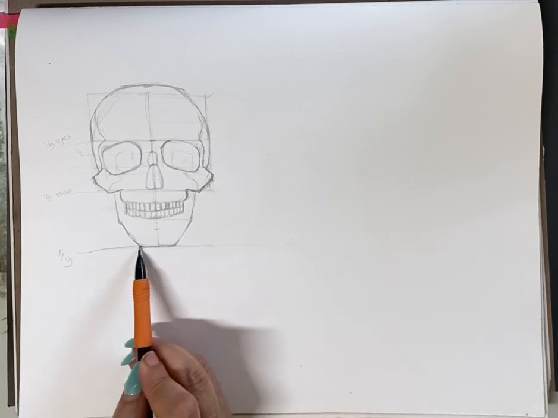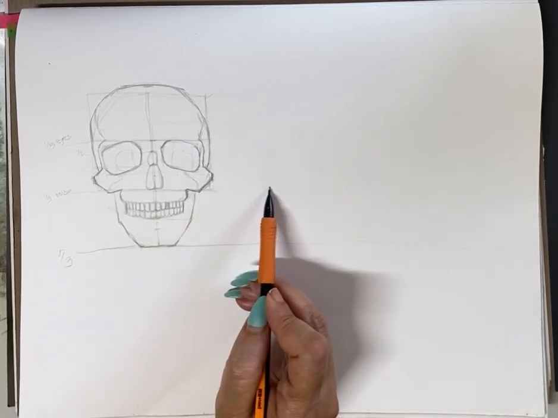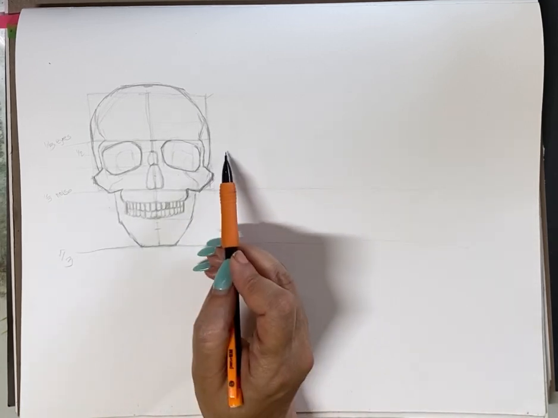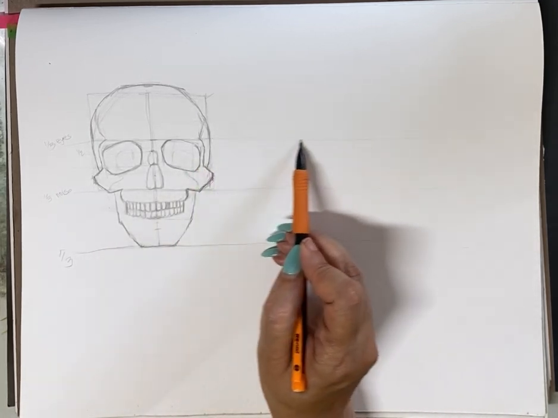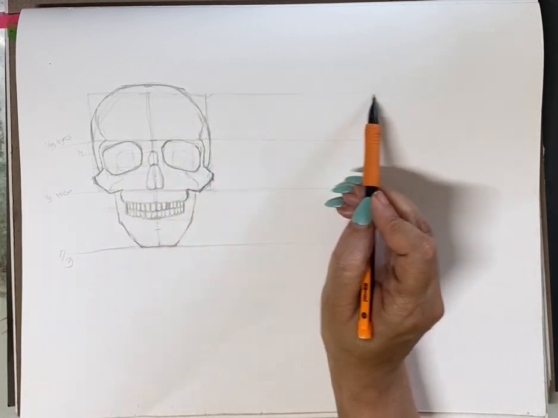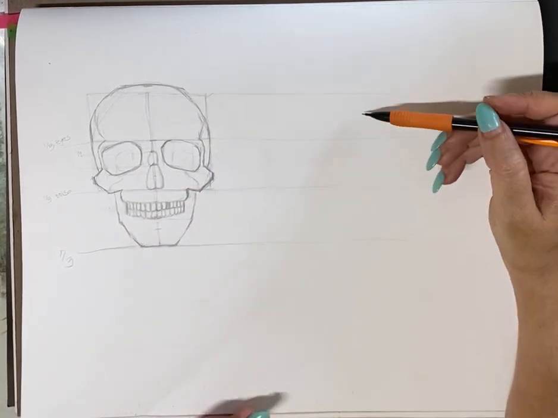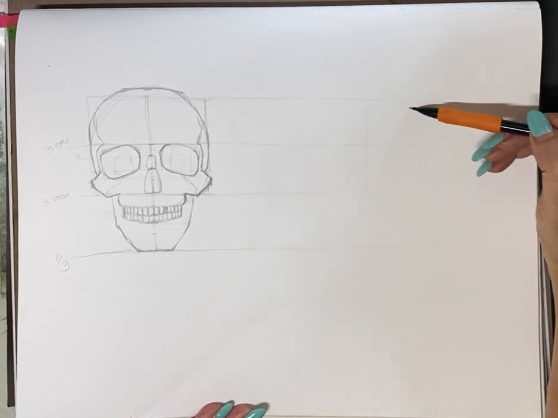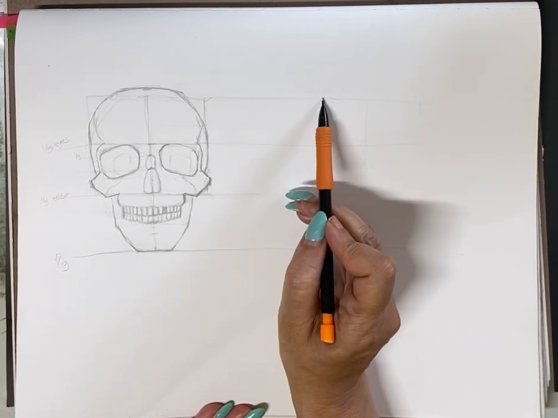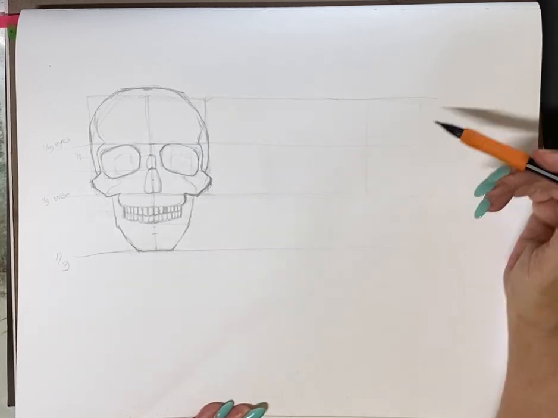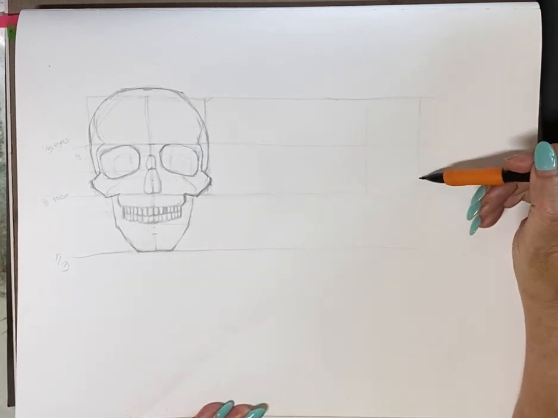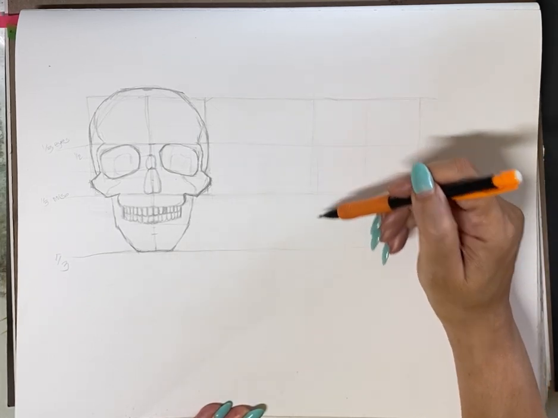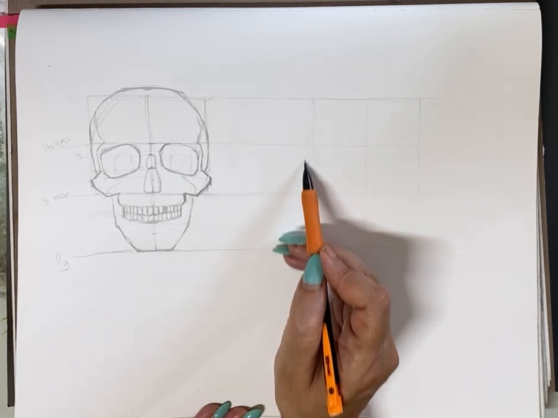But what if it's in profile and we can see just the side of the skull? I'm going to continue on this. Before I start talking about this, I'm making the same proportion almost, and this is one large square.